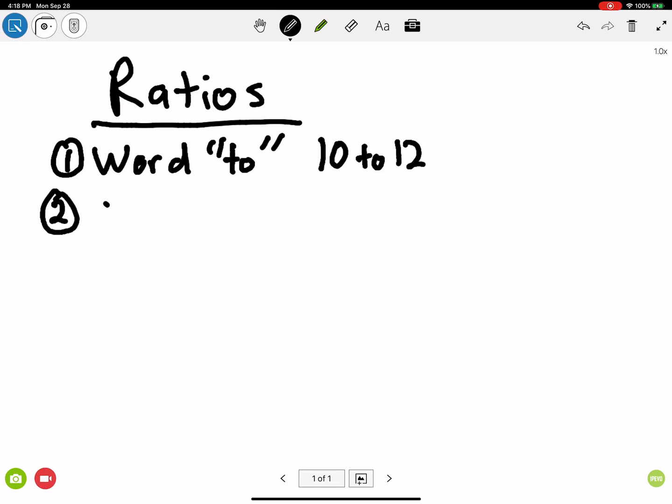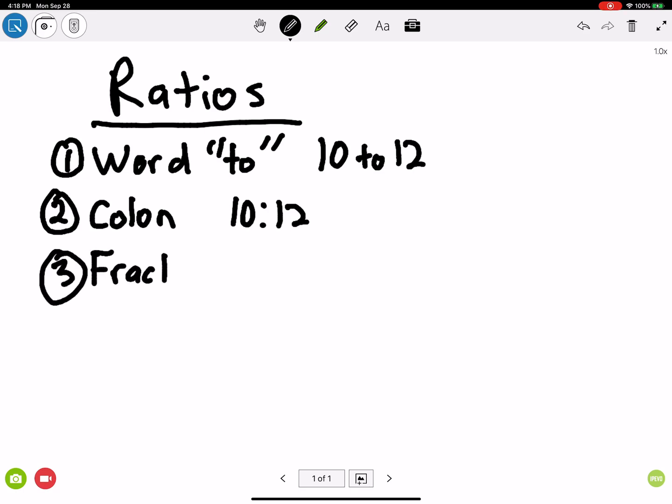We can write it with a colon, so we would write it as 10 to 12. And we would write it as a fraction, which would be 10 over 12.